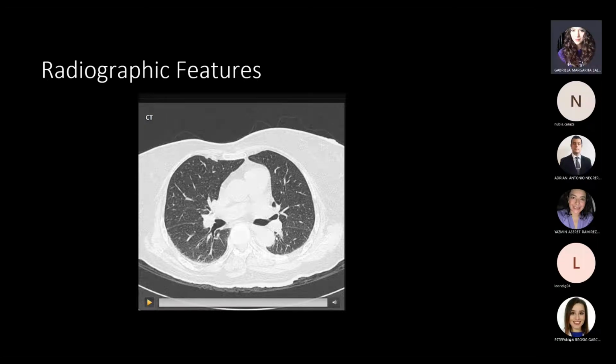We can also see invasion of the main bronchus and visceral pleura associated with atelectasis in tumors of more than 3 centimeters. We can also see suspicion of malignancy with a mediastinal node size of more than 10 millimeters, and retrocrural paraaortic nodes of more than 8 millimeters.